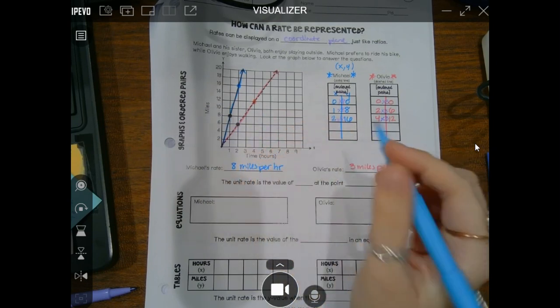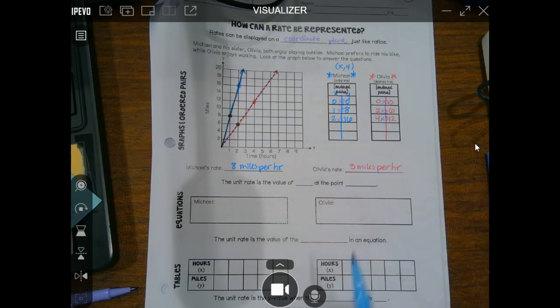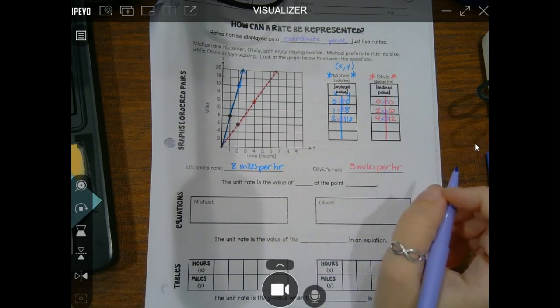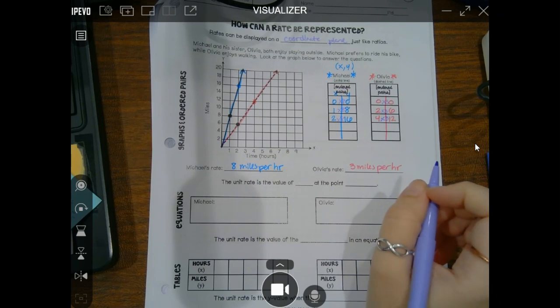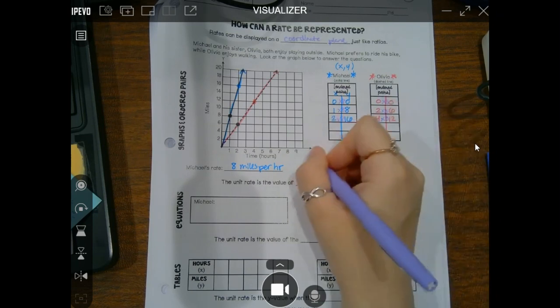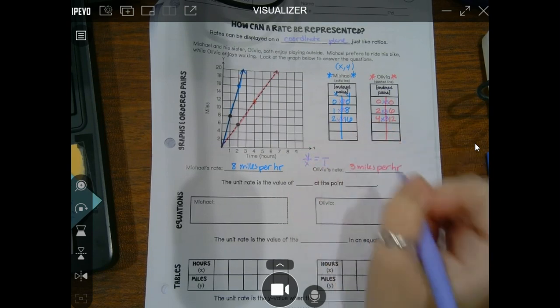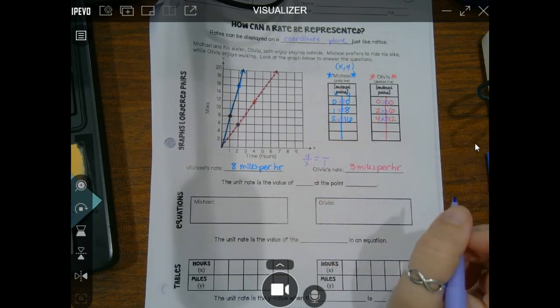Okay, so the unit rate, they're going to be asking us, that just means when the denominator is 1, okay? So for the denominator to be 1, remember it's y per x, and then the unit rate is when the denominator is 1. So what value is 1, the x or the y?